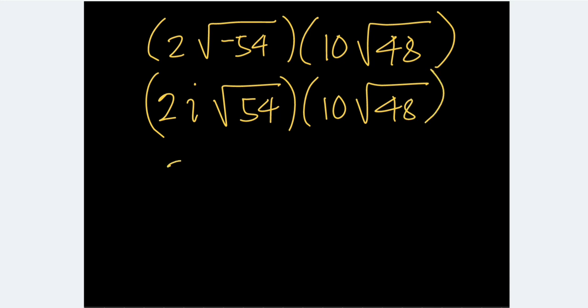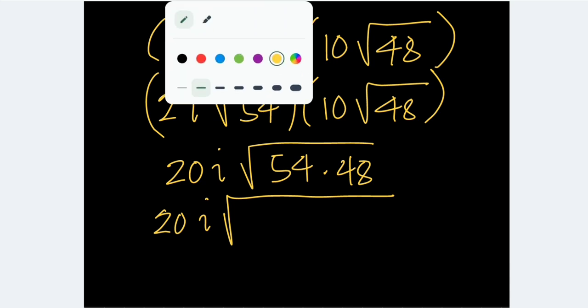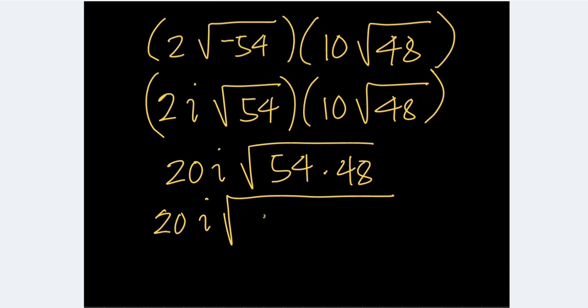So this is 20i square root of 54 times 48. Okay, how do we reduce 54 and 48? So we can write 54 as 9 times 6. And 48, divide 16.